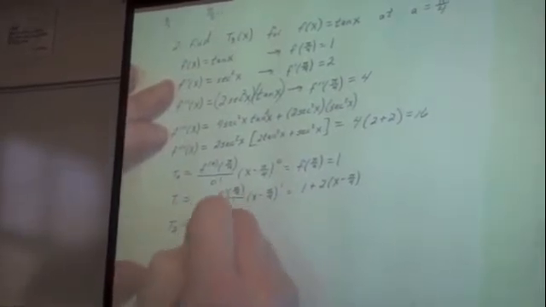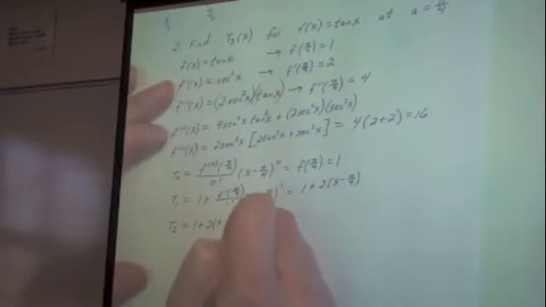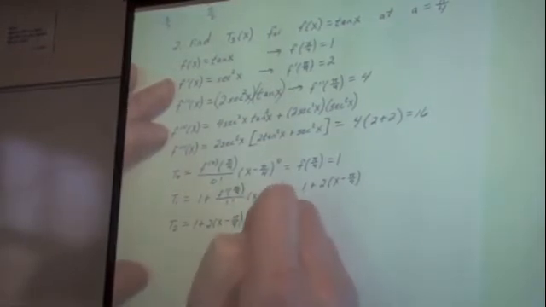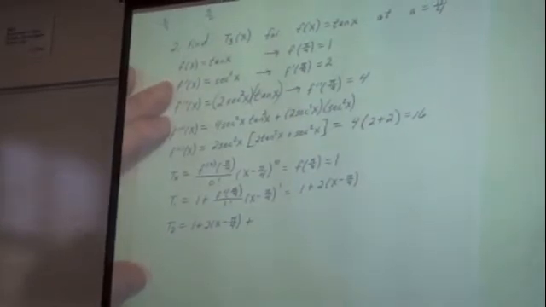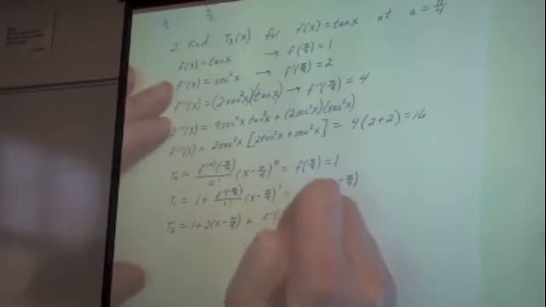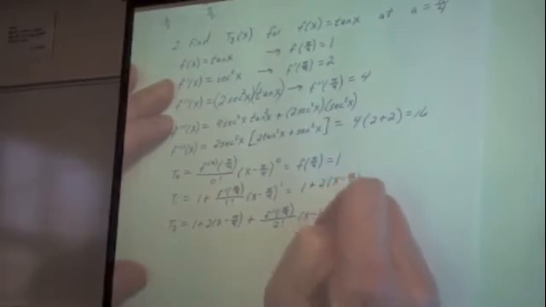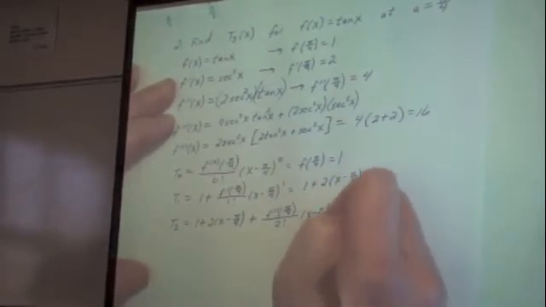My second Taylor polynomial. 1 plus 2 times the group x minus pi over 4. And then you say plus what constitutes the next term in the second Taylor polynomial. Well, it's the second derivative evaluated at pi over 4 divided by 2 factorial times x minus pi over 4 squared.